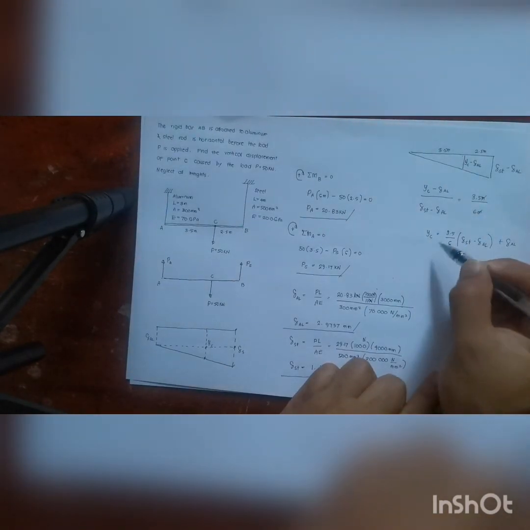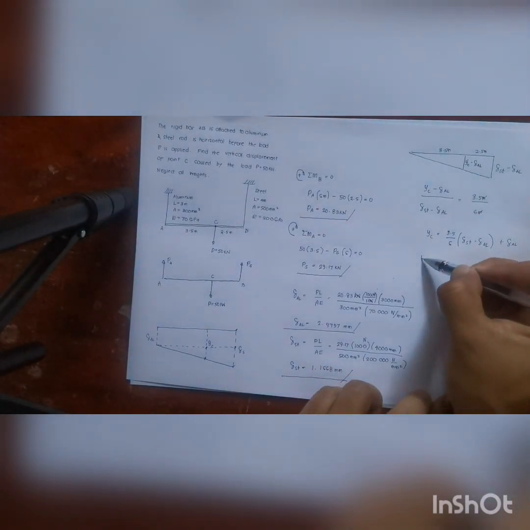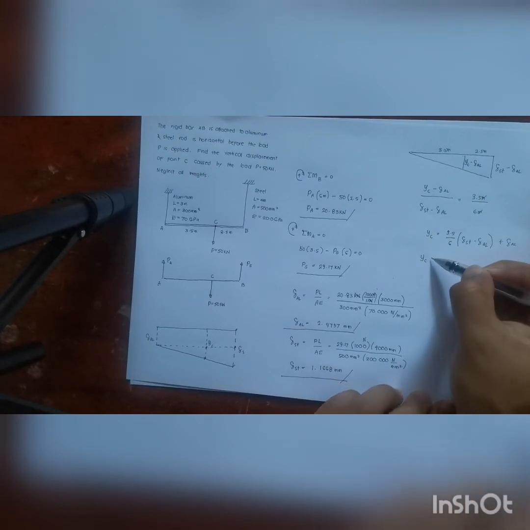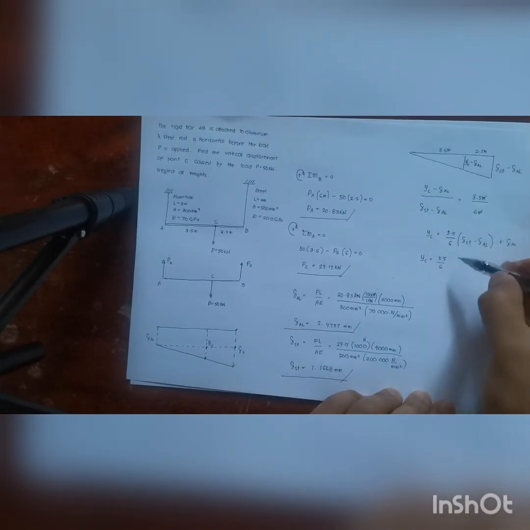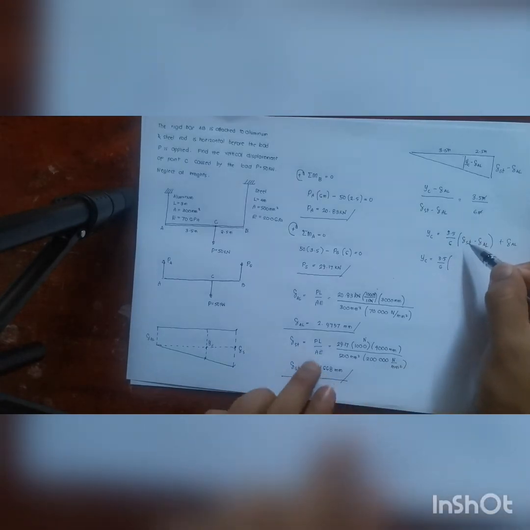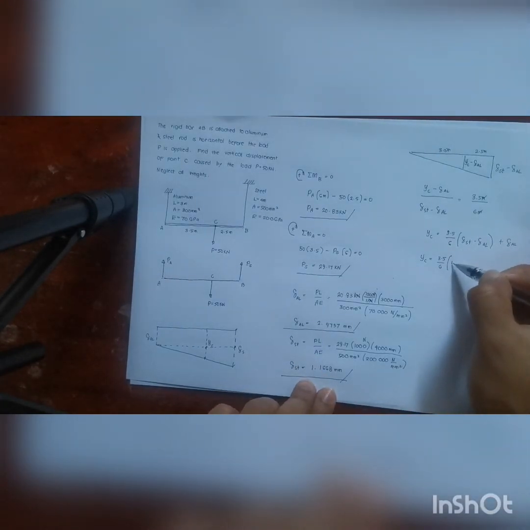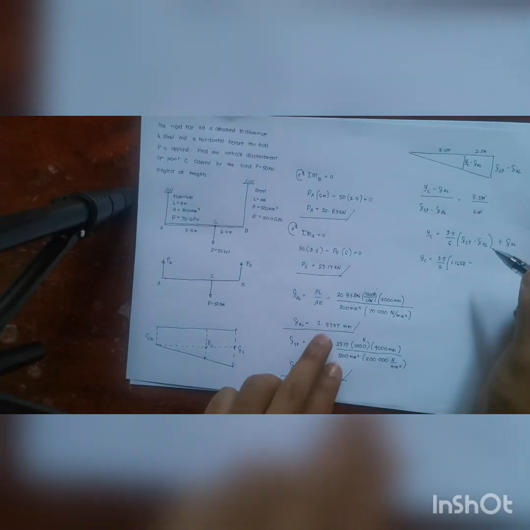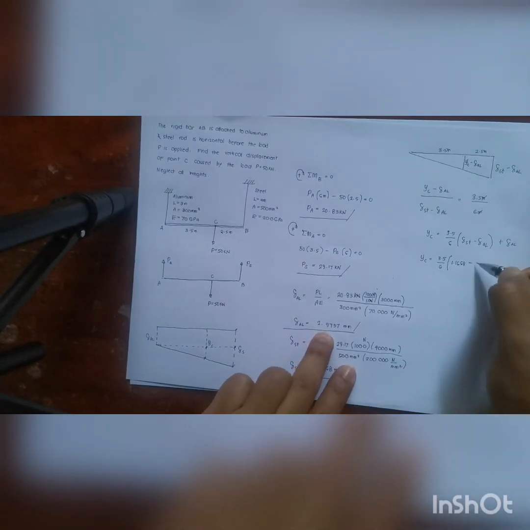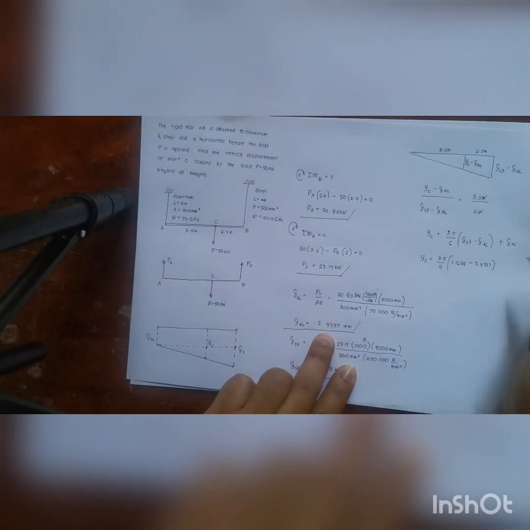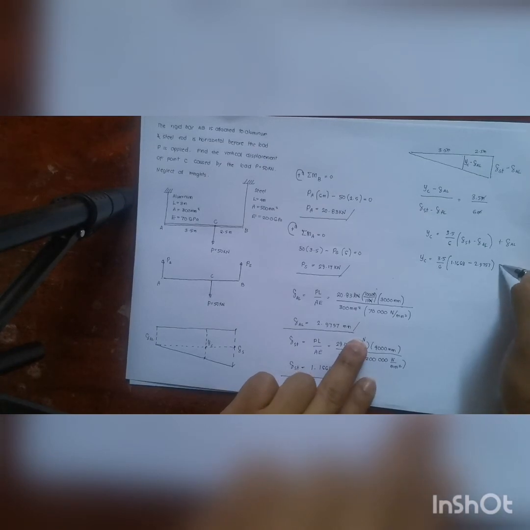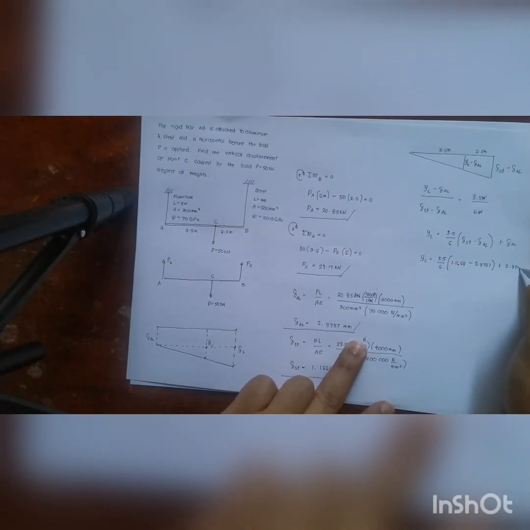Therefore, substitute lang po natin. Meron na po tayo lahat ng values na yan. The vertical displacement at point C is 3.5 over 6 multiplied by the deformation of steel 1.1668 minus the deformation of aluminum 2.9757, plus deformation of aluminum 2.9757.